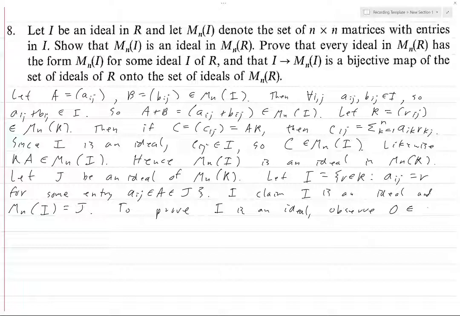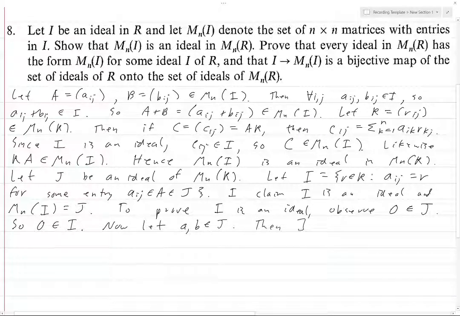So script A is going to be J, and script B then is going to be I. Okay, cool. This will allow me to copy this faster. Observe that 0 is in J because it's an ideal. So 0 is in I because the 0 matrix has 0 as an entry. Now let a and b be two elements of I.